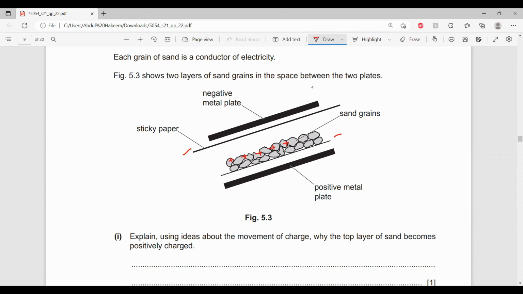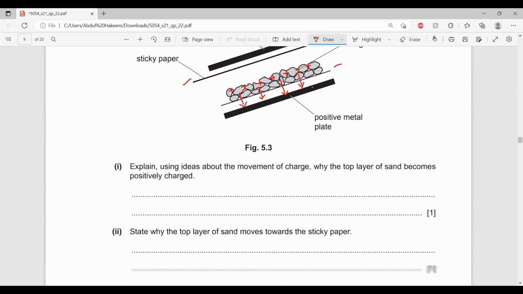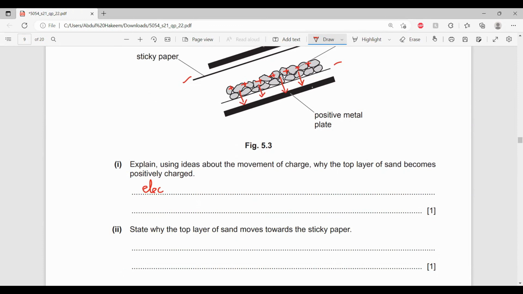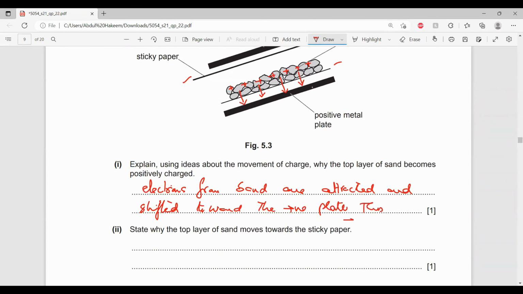Positive charge, as we have done, is the vacancy of electrons. So electrons from the sand are attracted and then shifted towards the positive plate, leaving behind a vacancy, thus positive charge on the sand.